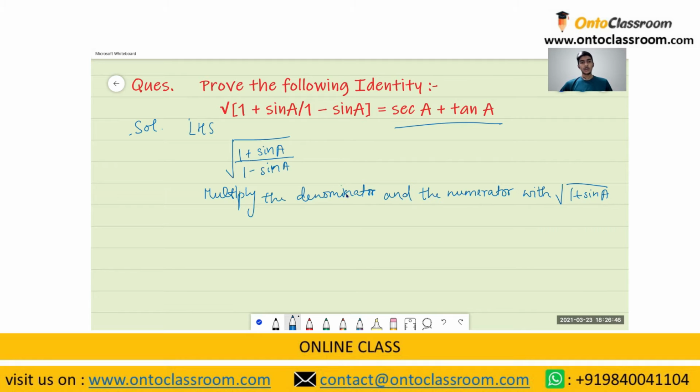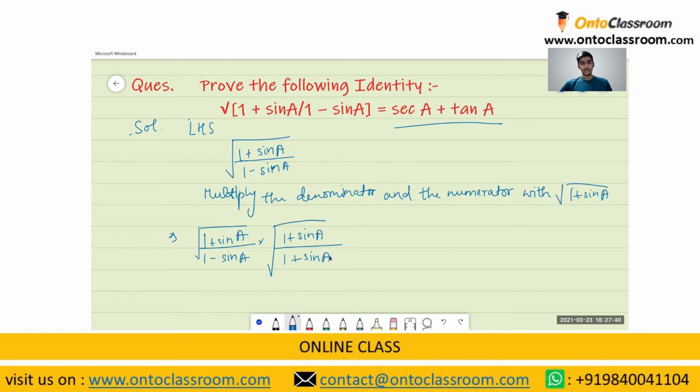Okay, so in the next step we'll simply apply this. So 1 plus sin A divided by 1 minus sin A into, we will multiply both the denominator and the numerator. So 1 plus sin A in the numerator and multiplying the same in the denominator as well.